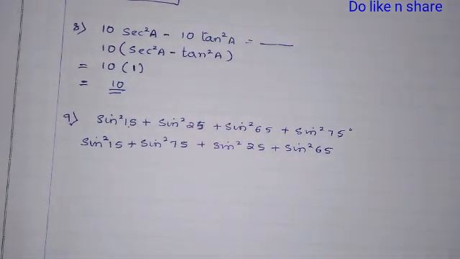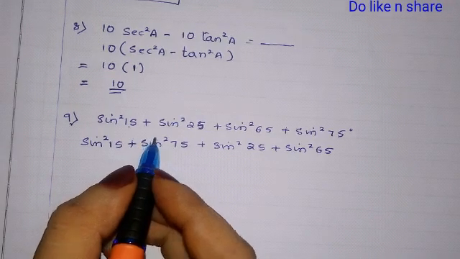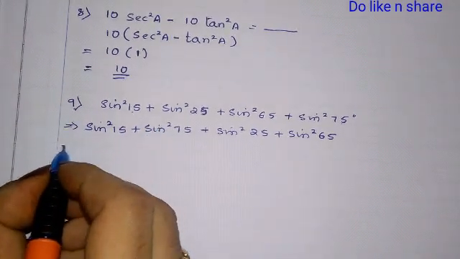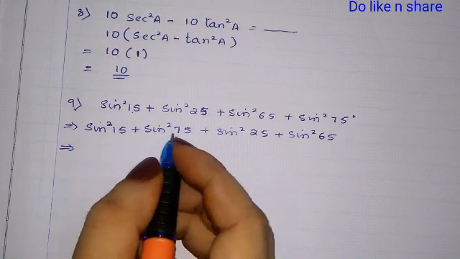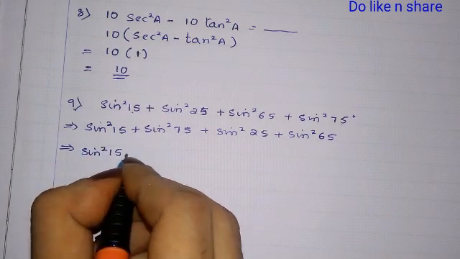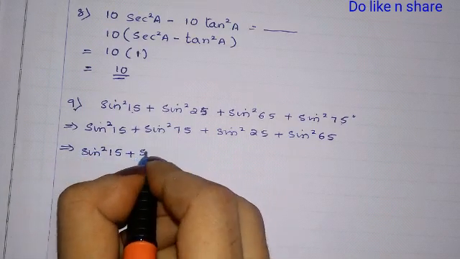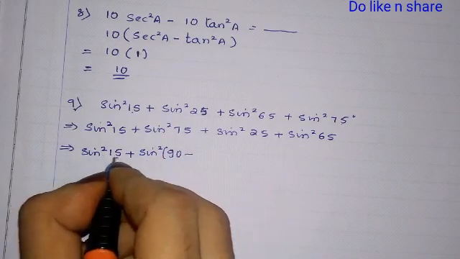Okay. Now any one we can change so that we can get the answer. Any one. If you want, we can change the first. If you want, we can change the second one also. Sine square 15 I'll write as it is, plus this I am going to convert to sine square 90 minus, what do we have to take?